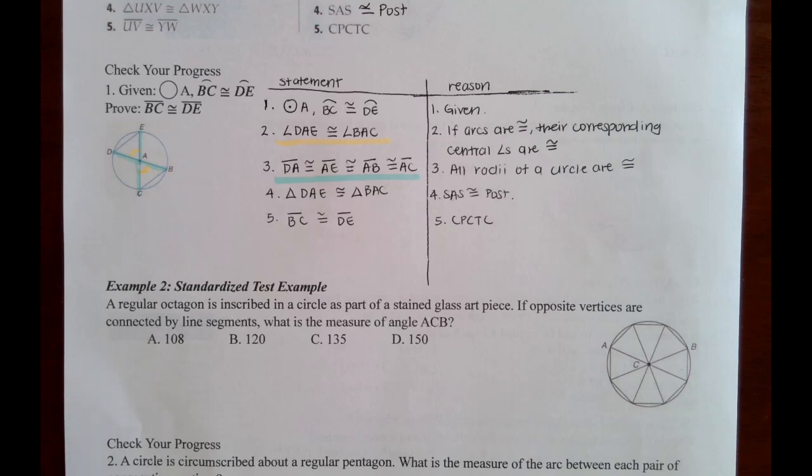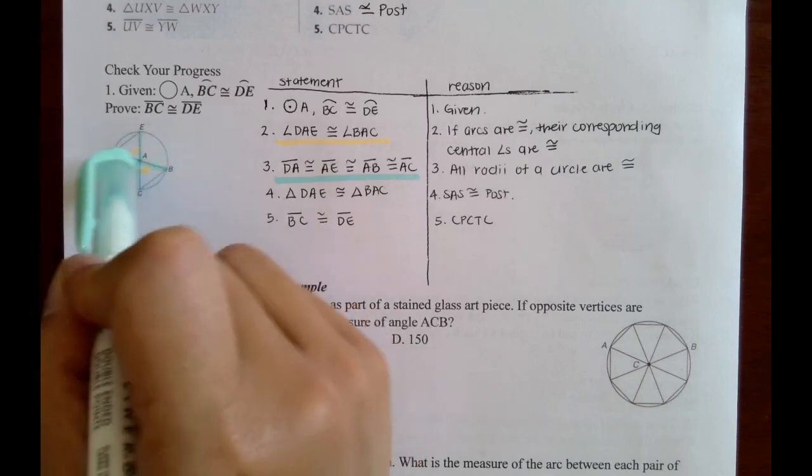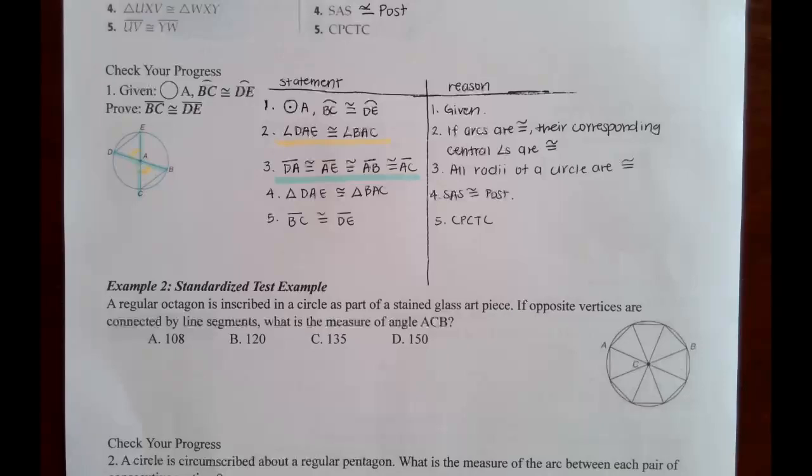And then as a result, these two triangles that we see here are congruent. So triangle DAE is congruent to triangle BAC because of the side-angle-side congruence postulate. And if triangles are congruent, then their corresponding parts have to be congruent. So since BC corresponds with DE, BC is congruent to DE because of CPCTC, corresponding parts of congruent triangles are congruent.